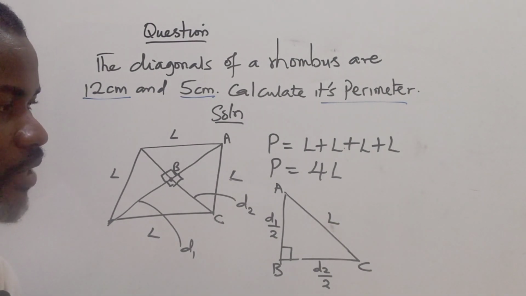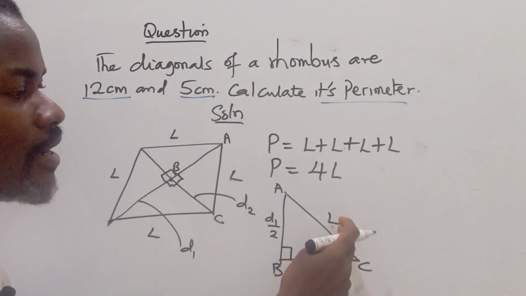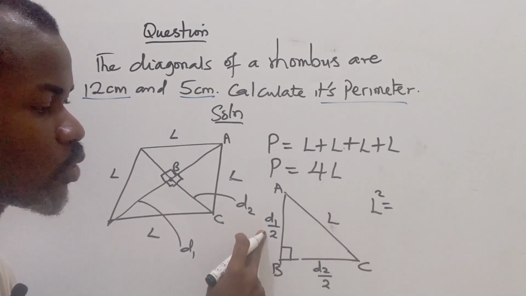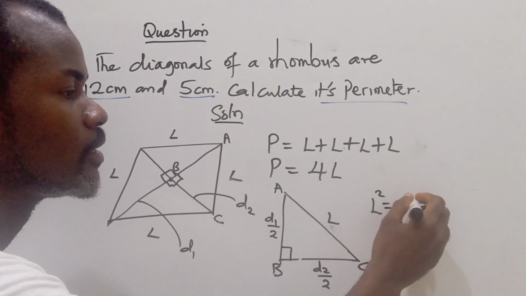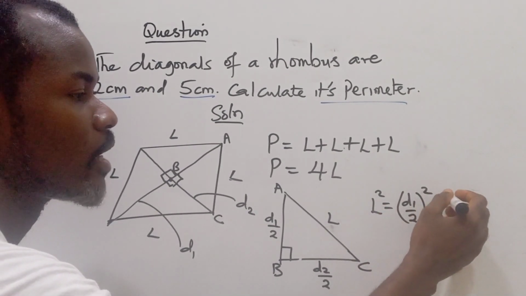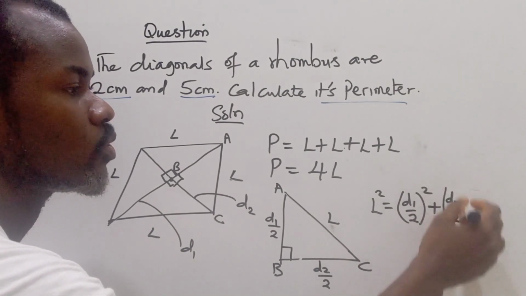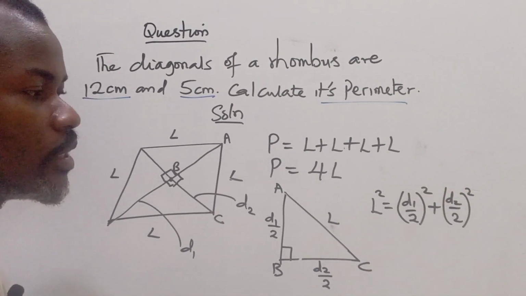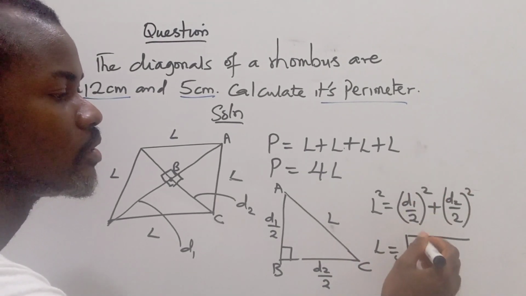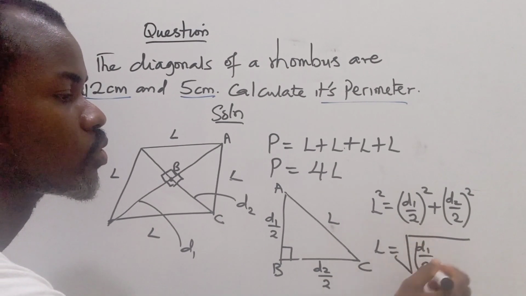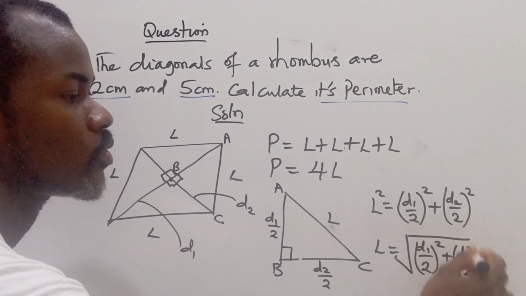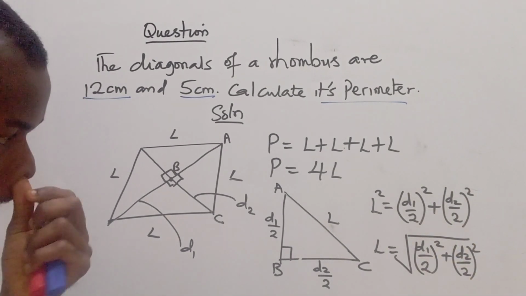If we apply Pythagoras theorem, we can see that L squared is equal to D1 over 2 squared plus D2 over 2 squared. So L becomes the square root of D1 over 2 squared plus D2 over 2 squared.